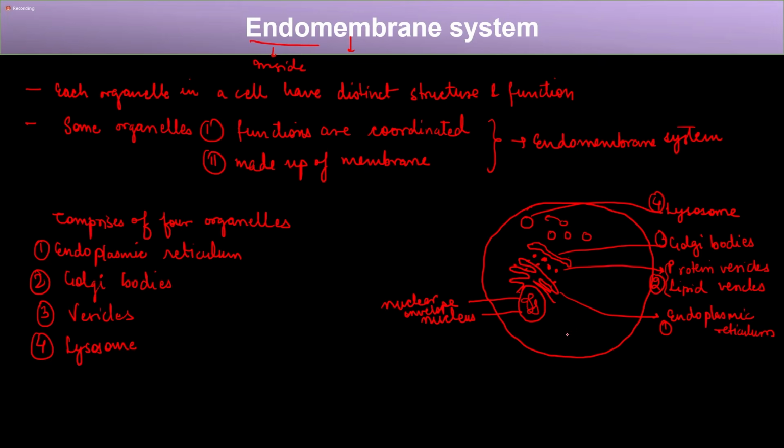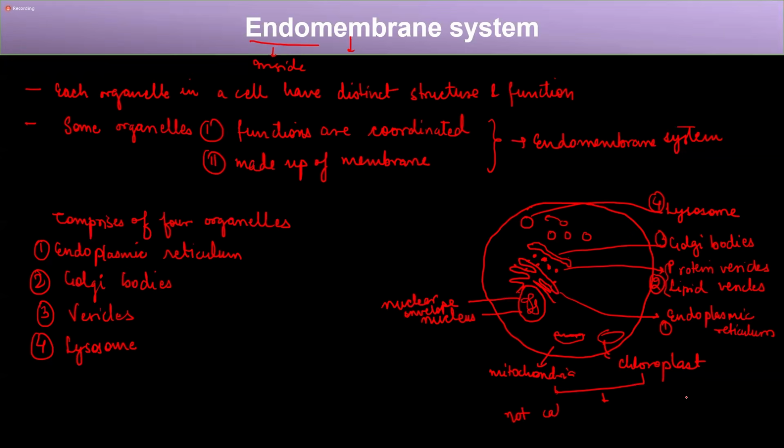Apart from this, the cells also consist of different organelles such as mitochondria, or chloroplast. There are certain others, but these will not be called the endomembrane system.